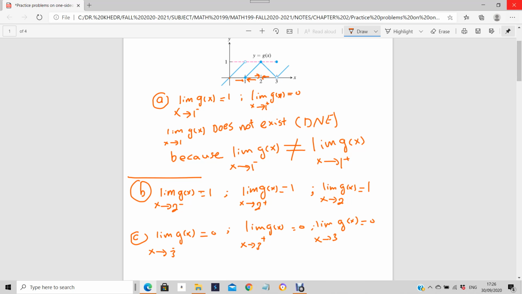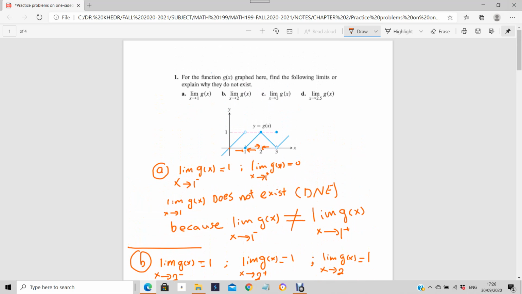Now the last point is the limit as x goes to 2.5. 2.5 is here in the middle between 2 and 3. If we approach x equals 2.5 from both sides, you will find the limit also exists. And the value of the limit, in fact, we can find that value.